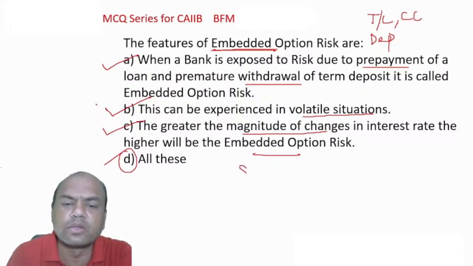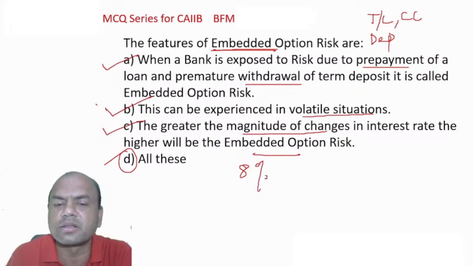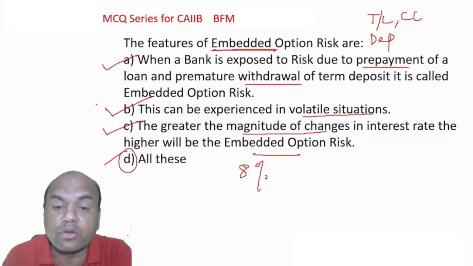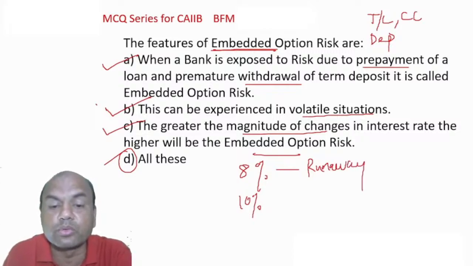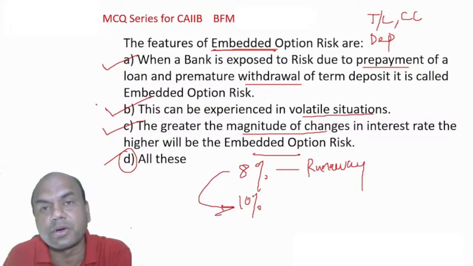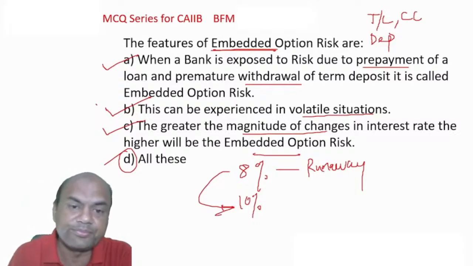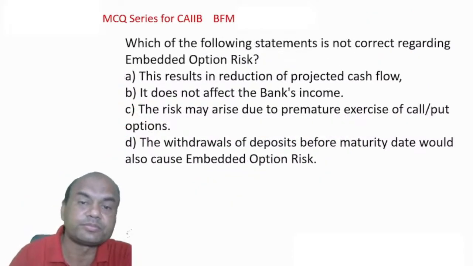Right now you are giving the loan at, let's say, 8% to this customer, and due to the volatile situation your bank increases the rate to 10%. So good customers will run away from you, they won't stay with you. Why? Because 2% extra is a huge amount for larger loans. So this is embedded option.